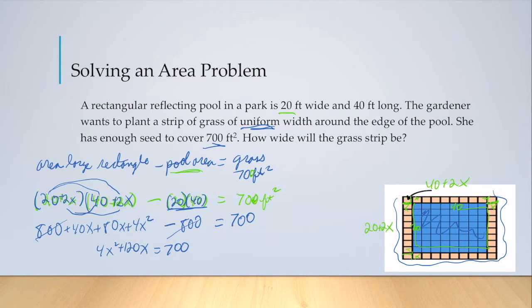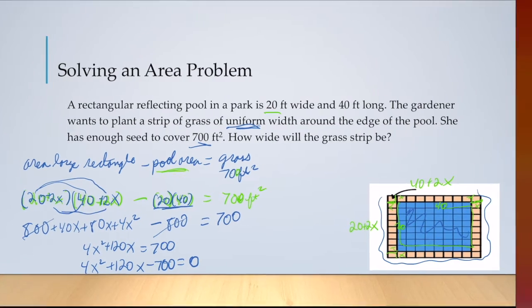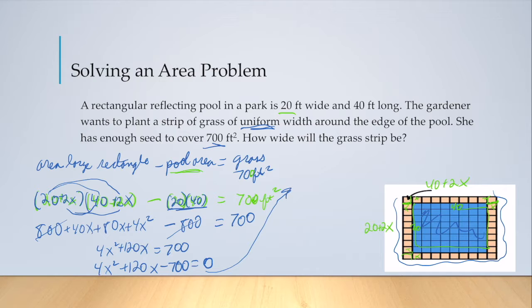Well, in order to solve this polynomial, I'm going to move this 700 to the other side. So I have 4x squared plus 120x minus 700 equals 0. Now I need to factor this. Well, I can pull out a factor of 4. So I have x squared plus 30x minus 175 equals 0.